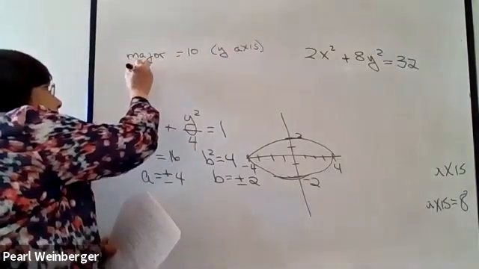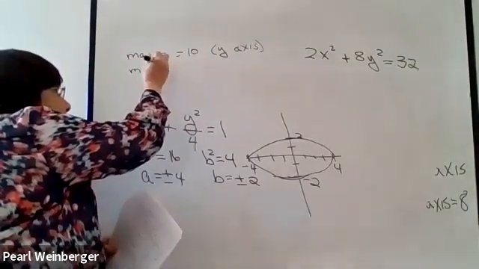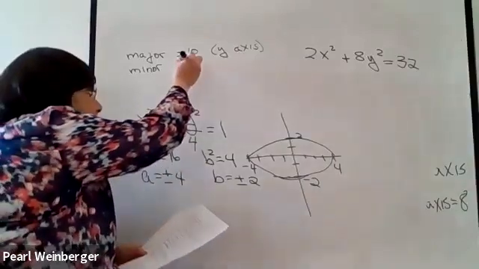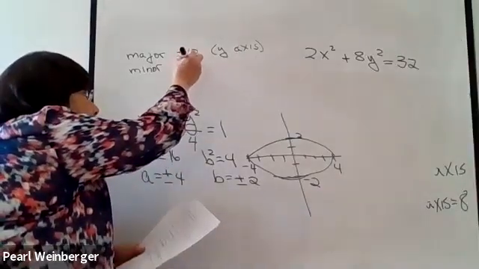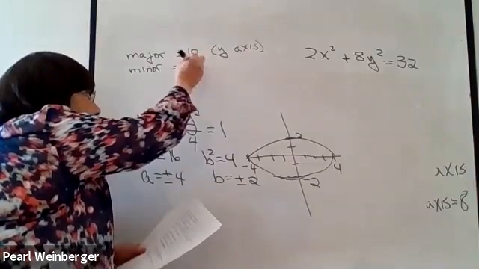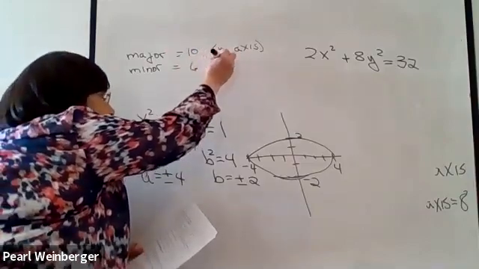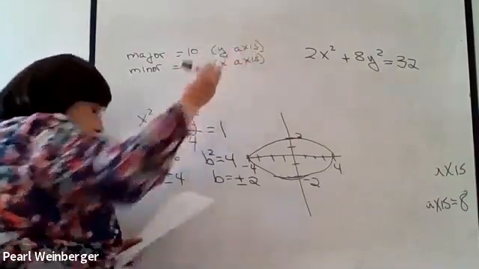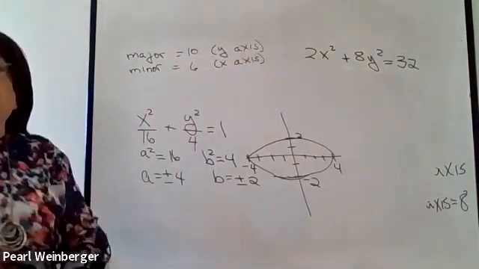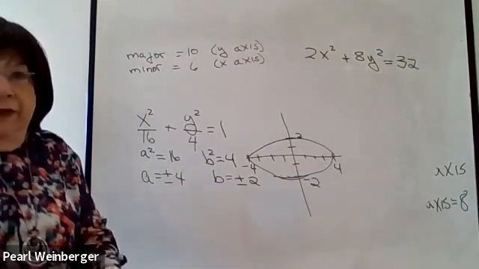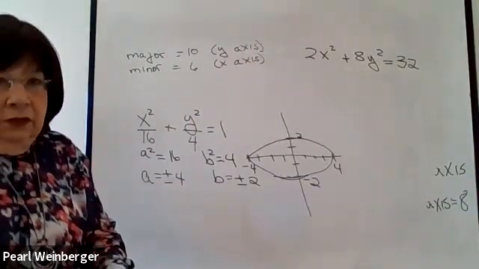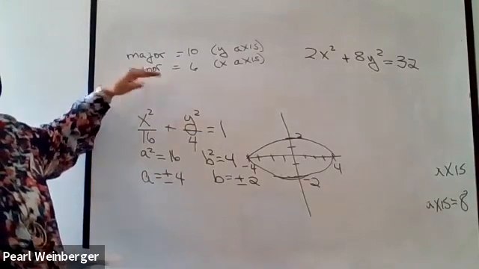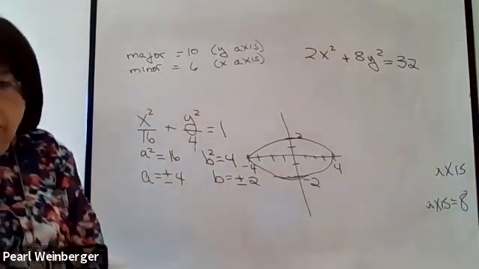The minor axis is a total of 6, and it's along the x-axis. I'd like you to write me the equation of this ellipse.